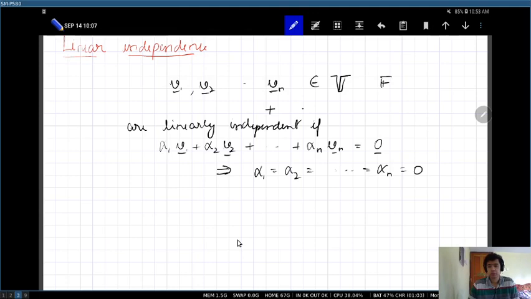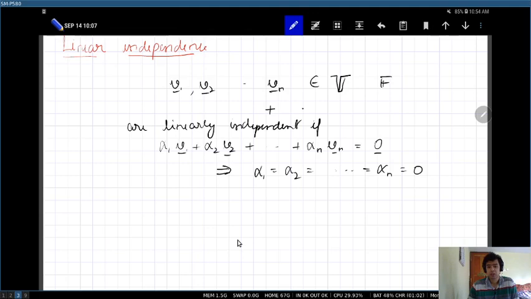So no non-zero linear combination of the alpha i's can get you to the zero vector. Obviously if alpha 1 equal to alpha 2 equal to alpha n are all equal to 0, then the zero linear combination always gives you the zero vector, but they are linearly independent if no non-zero linear combination can give you the zero vector. Every non-zero linear combination must get you some vector which is non-zero, right?